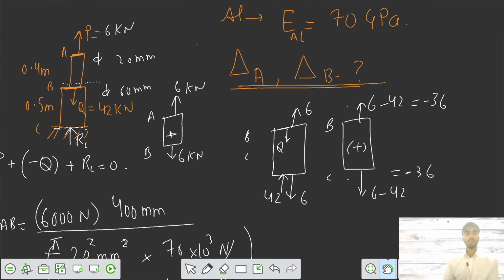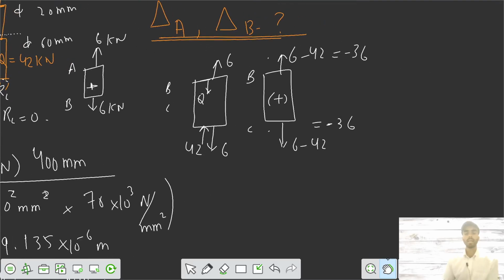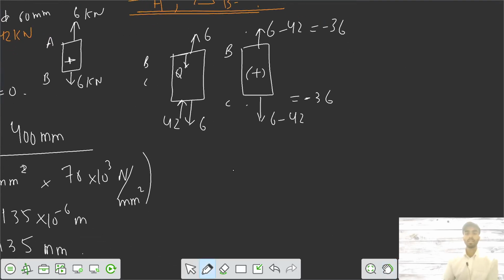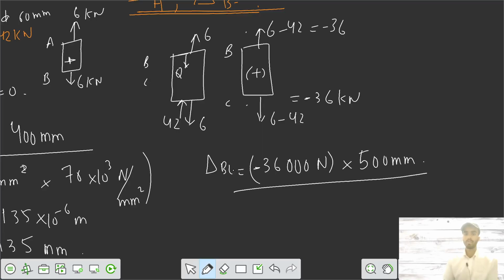For the member BC, you have a compressive force of 36 kilonewton. So deformation in BC equals minus 36 kilonewton. Minus means it's getting compressed. Length of the member was 500 mm. PL by area of cross section.